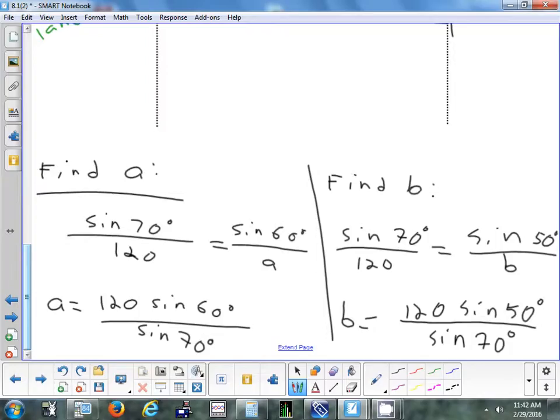Okay, so any questions on how we got A or B? Does anybody have the decimal for either A or B? If you're closer to my desk, why don't you guys find A, and closer to the window, you guys find B. And if you're in the middle, just do whatever you want.